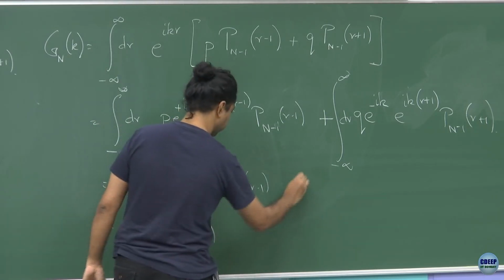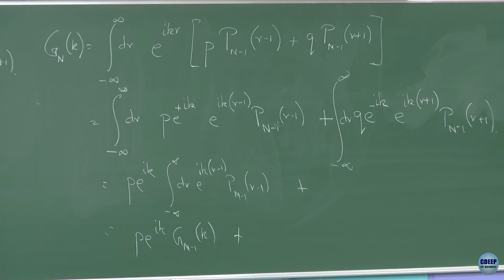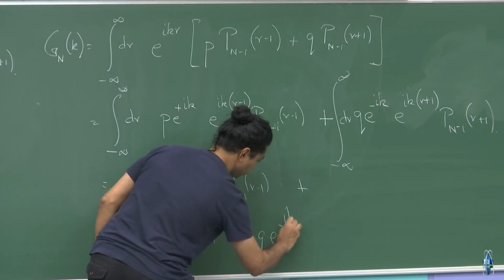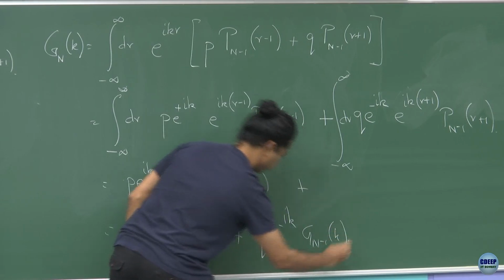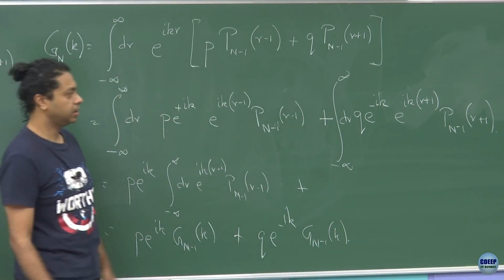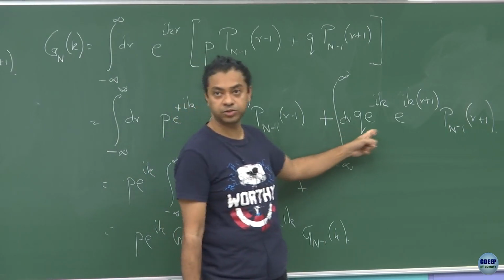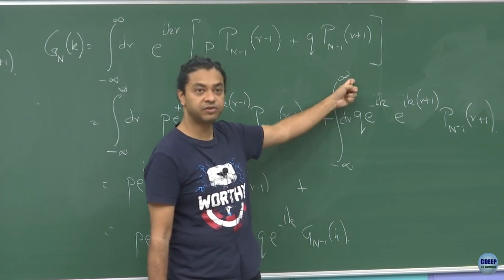What is the second term? So, q e to the power of minus I k into again g n minus 1 of k, right. Because whether you use the substitution r goes to r minus 1 or r goes to r plus 1, the dr does not change, the limits still stay minus infinity to infinity.